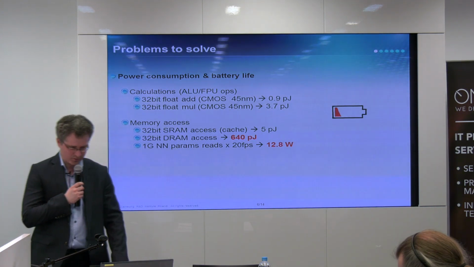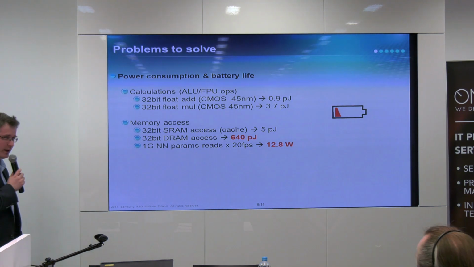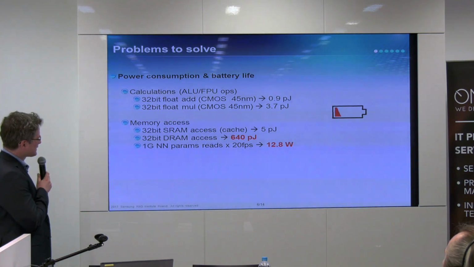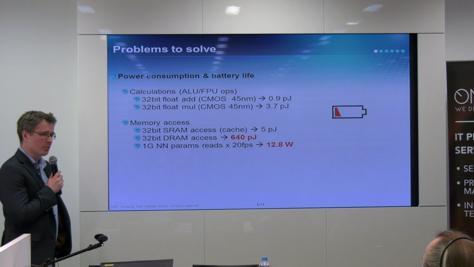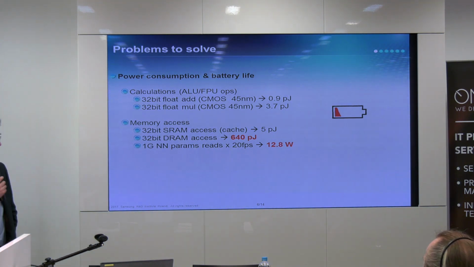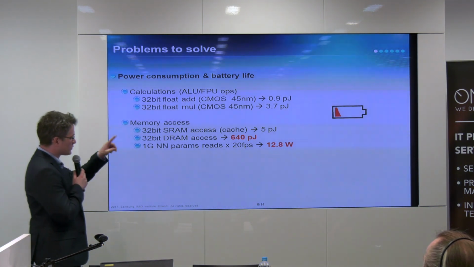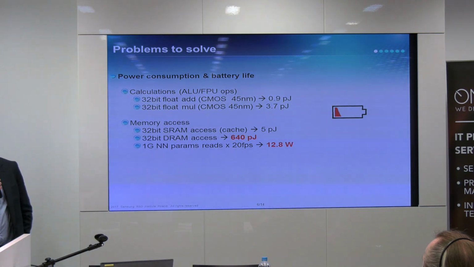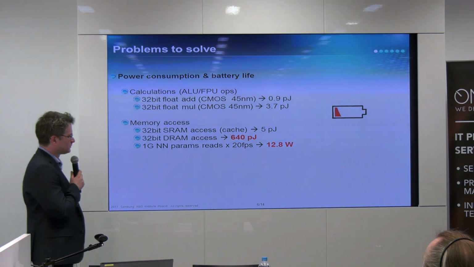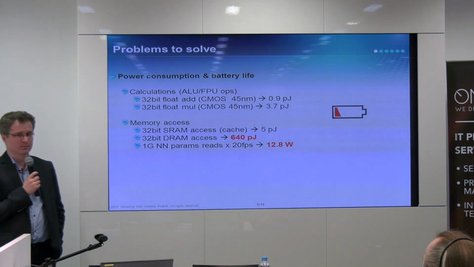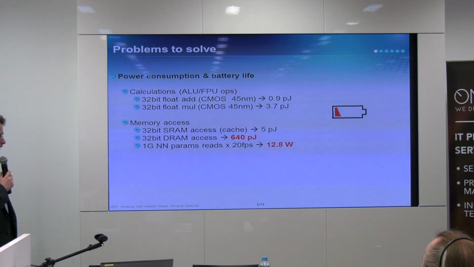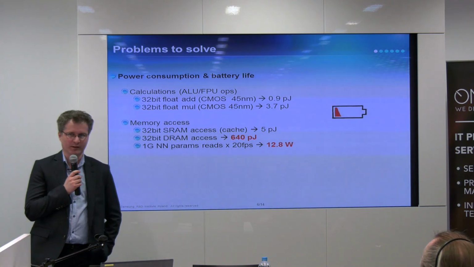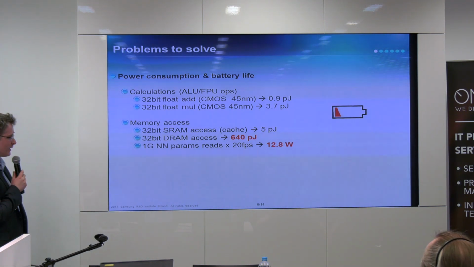First, start from the power consumption. Okay, we're doing the calculation on the mobile device, on embedded device. We can calculate that, for example, the arithmetic operation of floating point or fixed point consume a little bit of energy, like here. But the real problem is with the memory access. As far as we use the cache or static RAM, it's okay. But usually we have large models and they can only fit into the dynamic RAM memory.